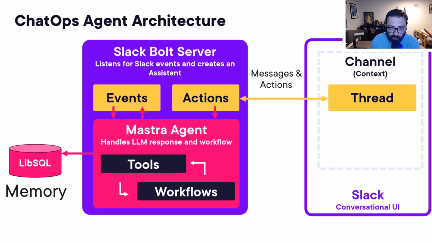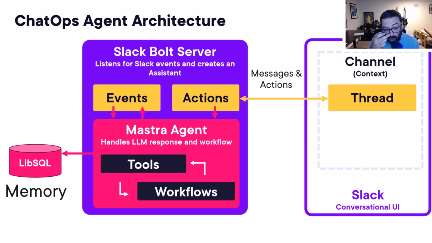Then a Slack event, like the conversation started event, is what hands off to the Mastra agent. The agent can call tools, which can themselves trigger workflows, which themselves can trigger other tools. So they can call each other, at least in Mastra. And I don't know if I 100% like that, but that's how I had it set up right now.